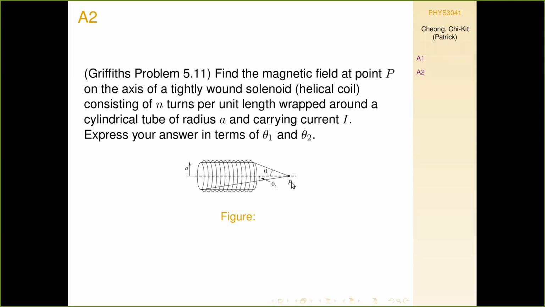Then you can expect that theta 1, for example, could be equal to 0, and theta 2 is equal to pi, right? If this is infinitely long and it goes through point P and so on, one of the angles should be 0 and the other one should be pi.